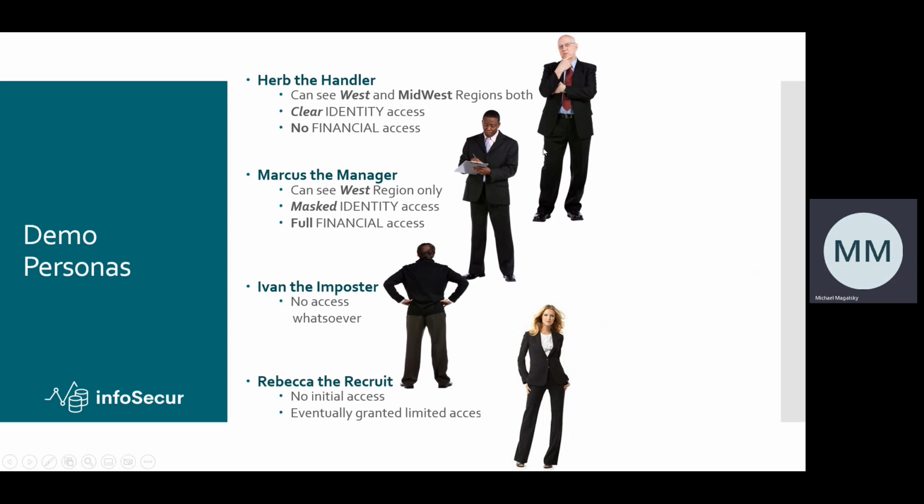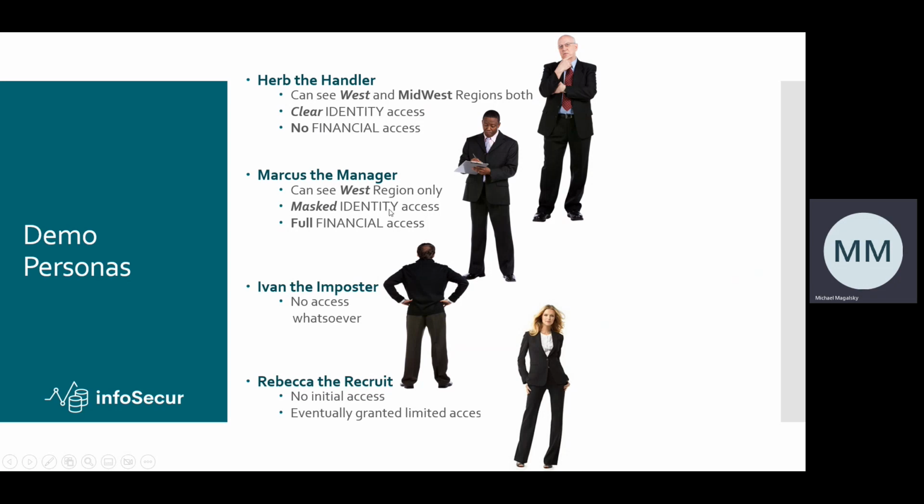Herb the handler, because of his elevated permissions, he's able to see all the regions. He's able to see clear identity, but he doesn't really have any interest in financial data, so we're going to hide that from him. Whereas Marcus, the manager, he can see the West region only because he manages the West region.